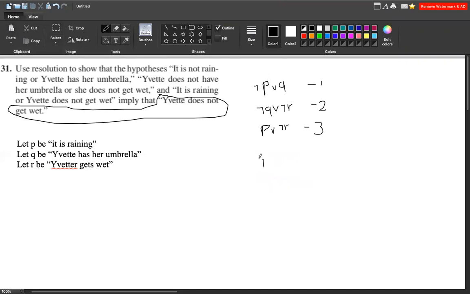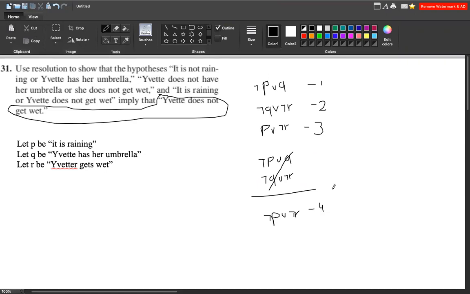Negation of P or Q, and negation of Q or negation of R. We apply the rule of resolution because here we have Q and we have not Q, so they basically cancel out, and then we have negation of P or negation of R. So this is going to be our fourth one.